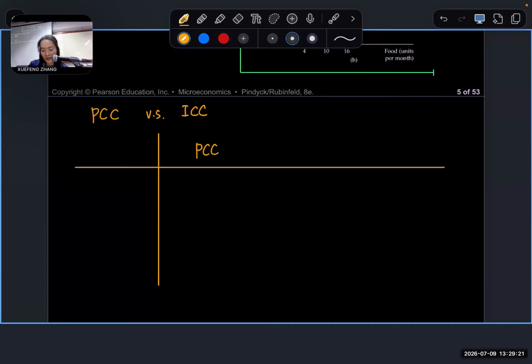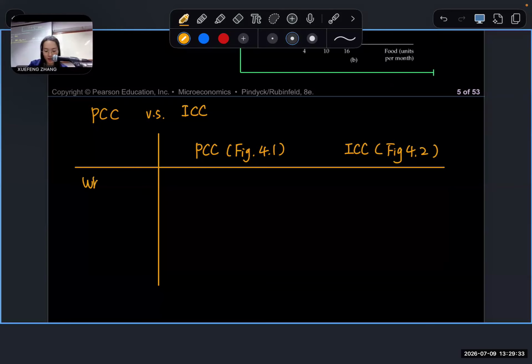PCC is in figure 4.1, and ICC is in figure 4.2. What changed? And what happens to the budget line? And what is the result?